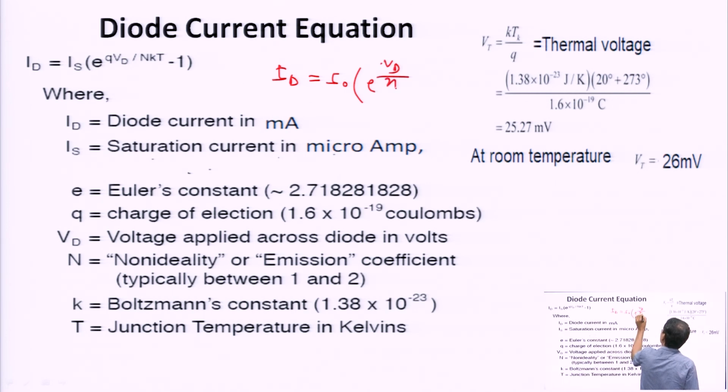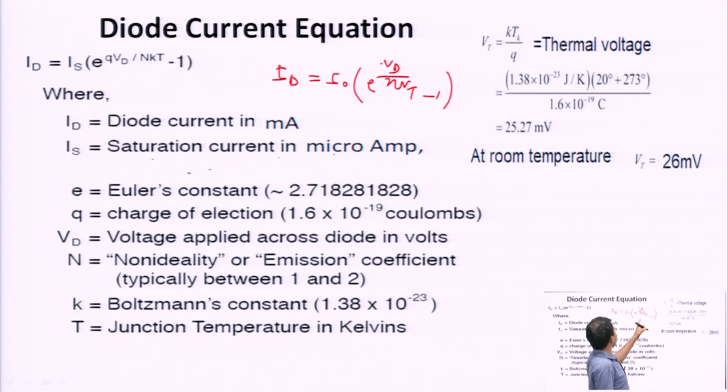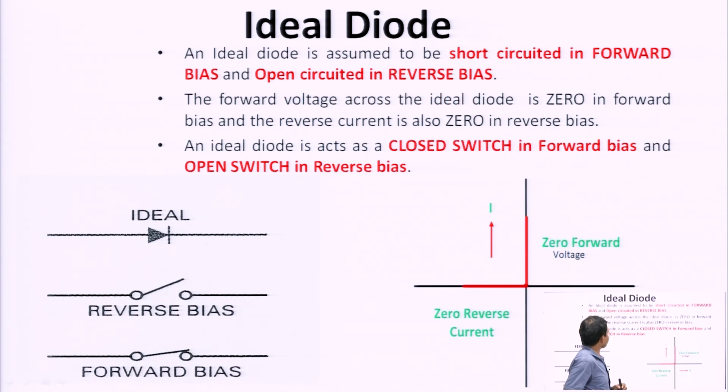Vd is the voltage across the diode, and eta is a constant: for germanium it is taken as 1 and for silicon as 2. Vt is the thermal voltage, Vt = KT/q, where K is the Boltzmann constant, T is the temperature in Kelvin, and q is the electronic charge. This means the diode current equation is an exponential equation, so numericals on diode current may be asked.